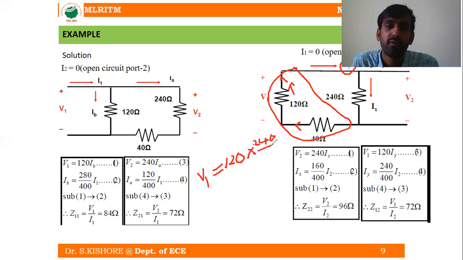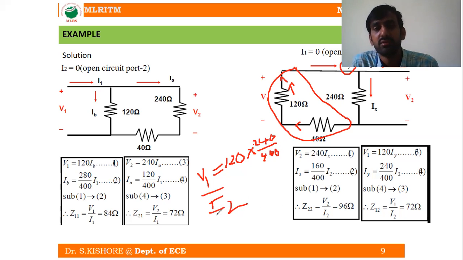If I bring this I2 to this side, I have V1 divided by I2, and solving this, we come across 72 ohms.